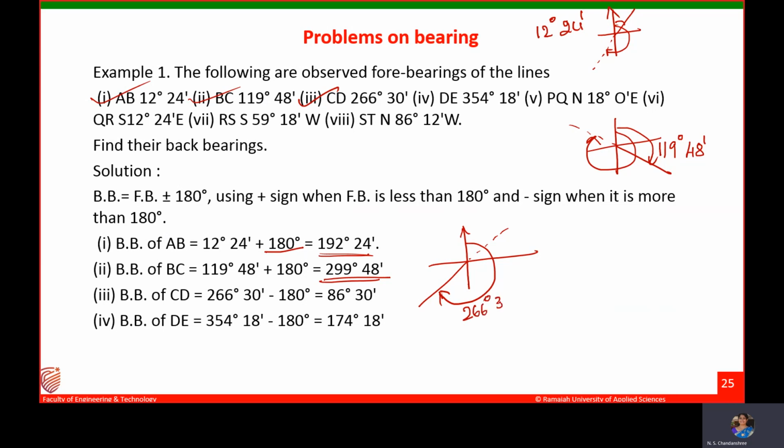Just like we added 180, here also we can do 266 degrees 30 minutes plus 180 degrees. The answer that we get is 446 degrees 30 minutes.